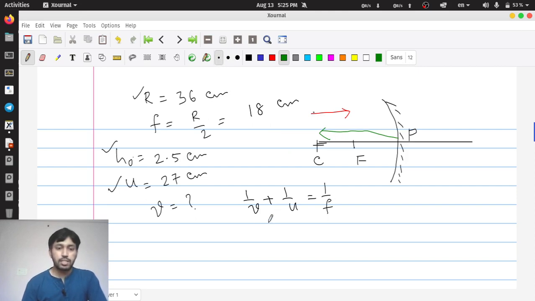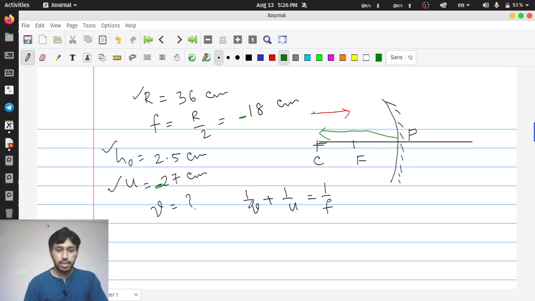Now in this formula, put all the values here. F is basically negative because it is at the left hand side, this will be positive, and U will also be negative. U is negative because I have to go in the opposite direction of the incident ray.